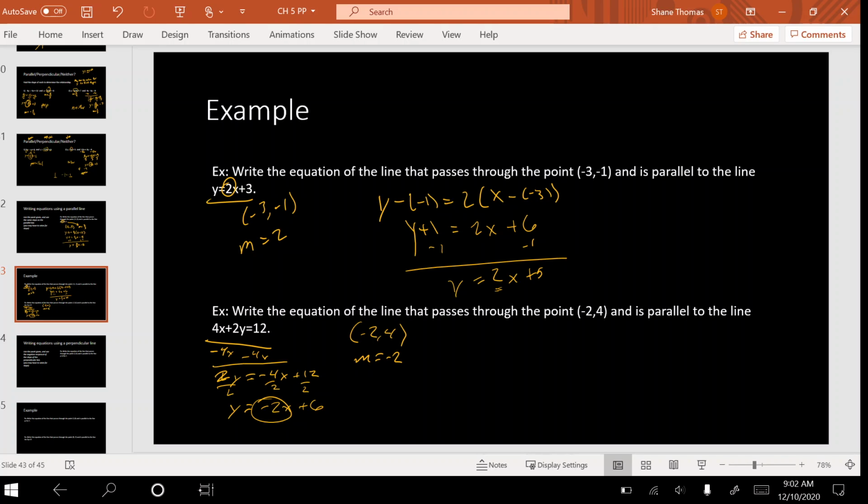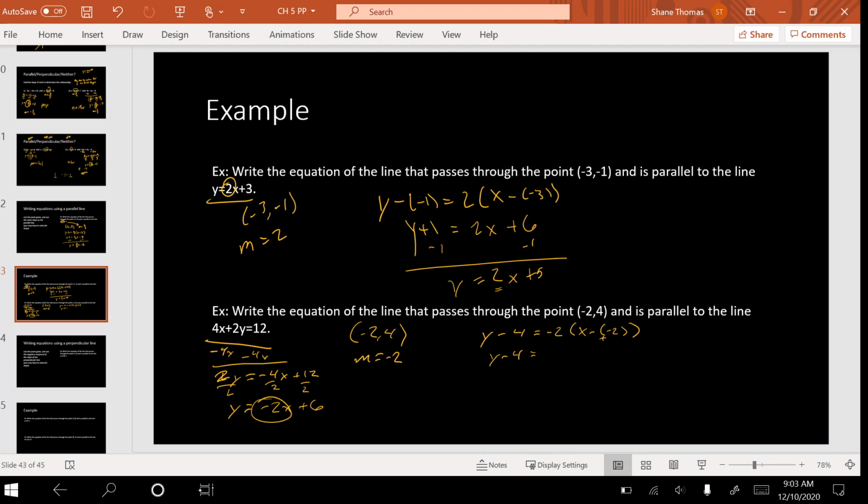Yeah, so you gotta go y minus 4 equals -2 times x minus a -2, right? Okay, so this is going to turn plus inside. Then when I distribute, what do I get?